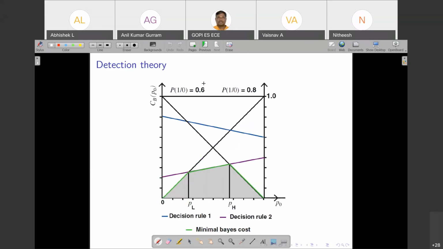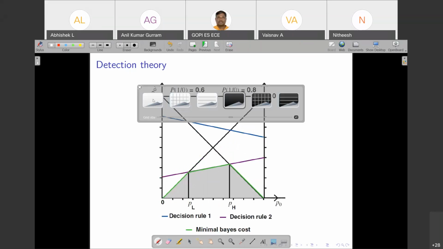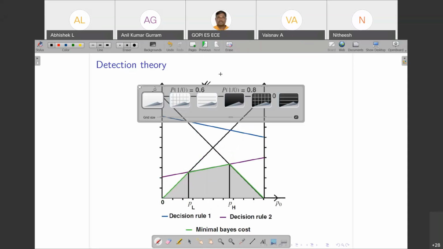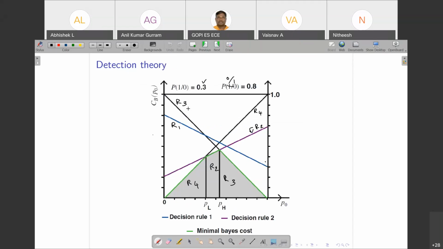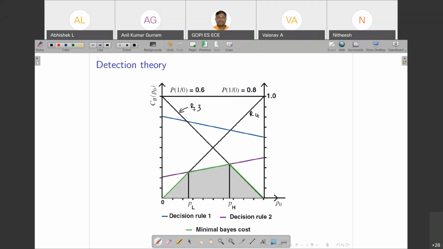And finally, both are greater than 0.5. That is the thing what is selected here, right? So in this case, you are getting that as usual, and this one is this, right?